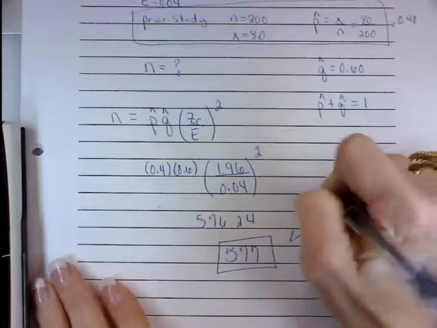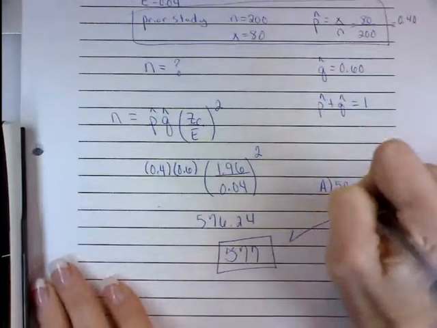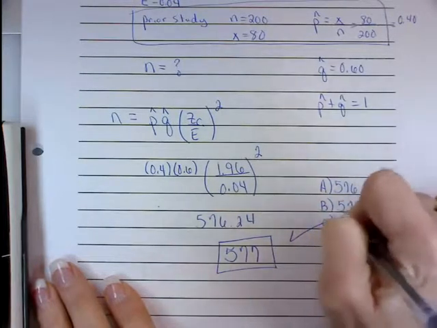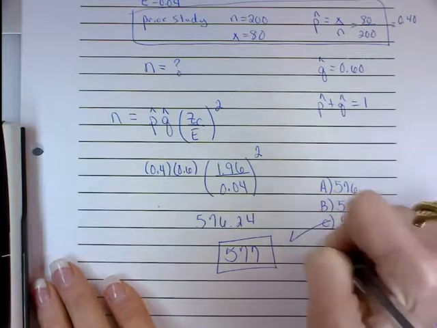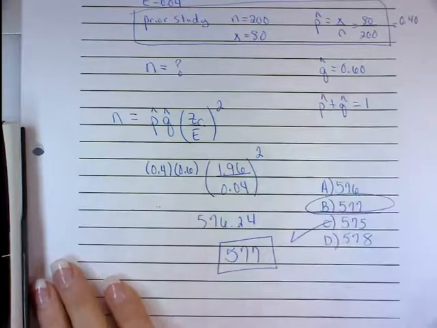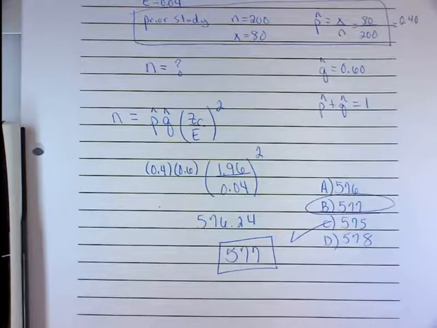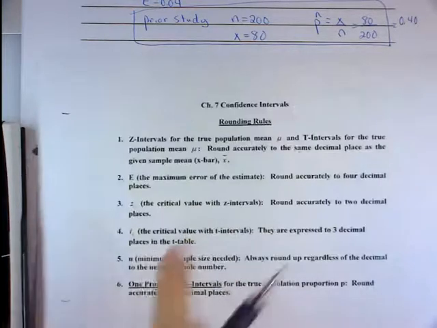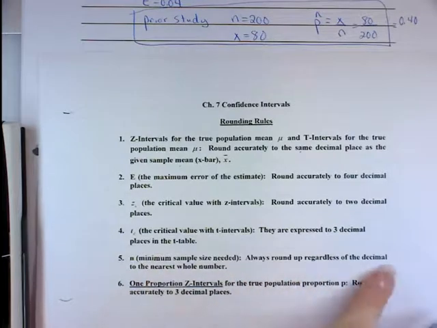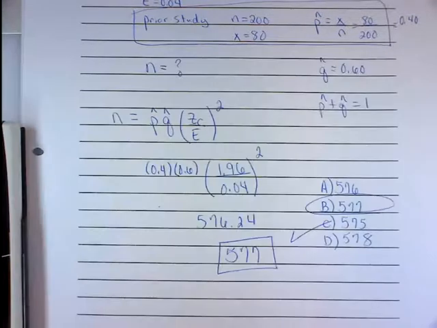On the multiple choice test, I plan to put 576 and 577 and something like a 575 and a 578. Make sure you go with B. I'm testing your ability to know this rounding rule. And remember, when it's a sample size question, rule number 5, always round up regardless of decimal to the nearest whole number. So that's rule number 5, and that would still be 577.